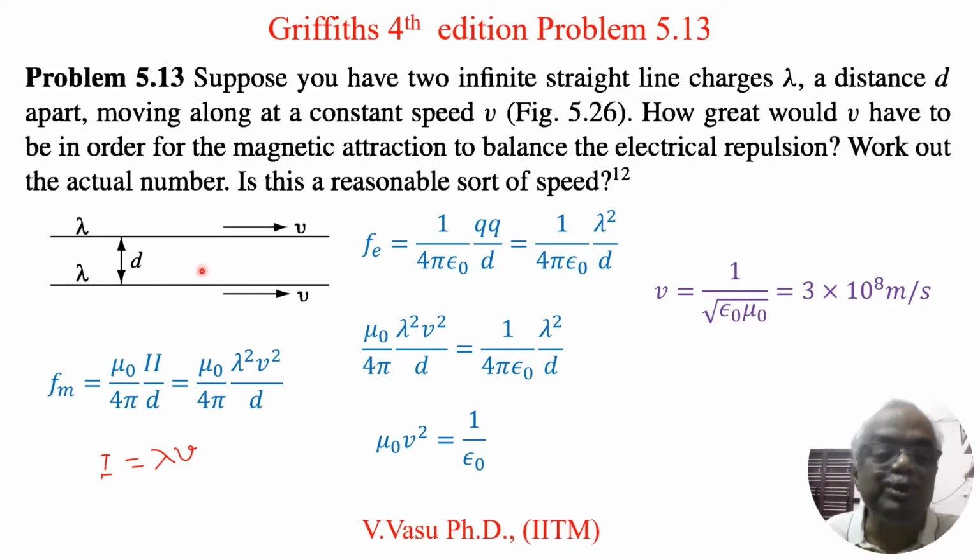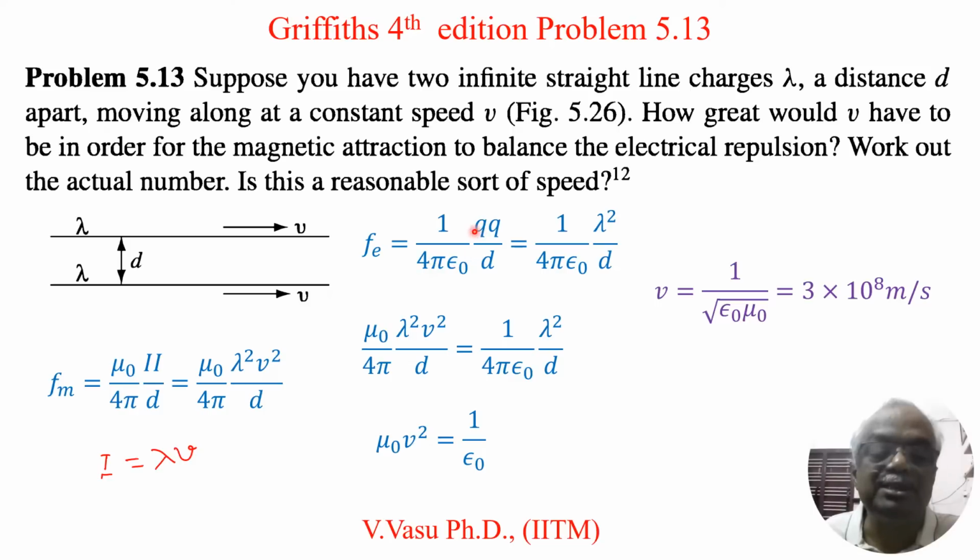Now we will come to the electric force. The electric force is a repulsive one, because like charges repel each other. Then F_E is equal to 1 over 4 pi epsilon naught, Q times Q divided by t.